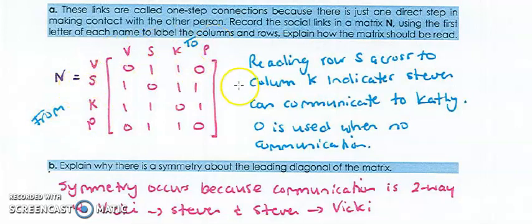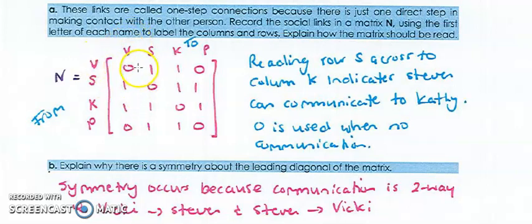So reading the rows across to column K, this indicates that Stephen can communicate to Kathy. 0 is used when there's no communication. You'll notice that a communication obviously does not happen with yourself.